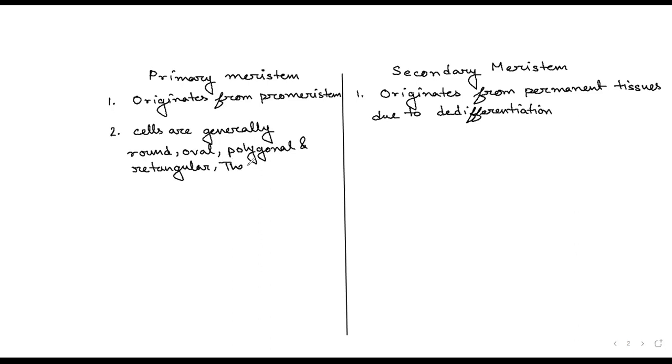They do not have a central vacuole. Whereas in case of secondary meristem, cells are elongated and possess a central vacuole.